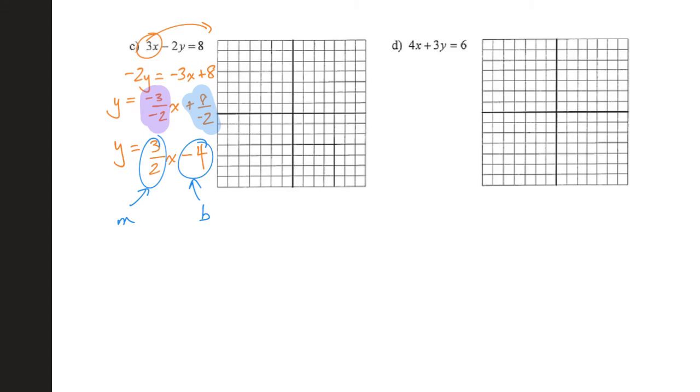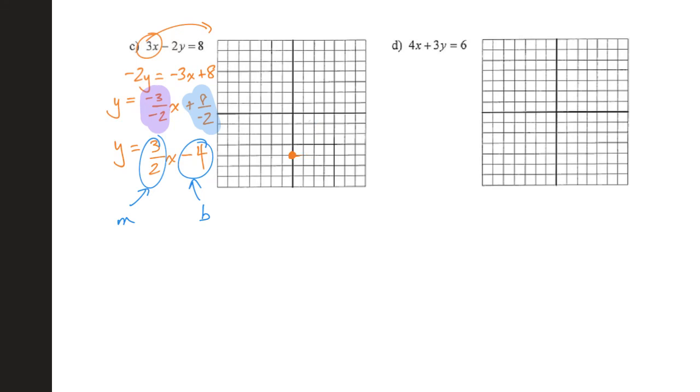Okay, we're back. So to go through then, I would have a y-intercept at -4. Now I have to move according to a slope of 3 halves. So that means that I have a run of 2 and a rise of 3. There would be my next point.